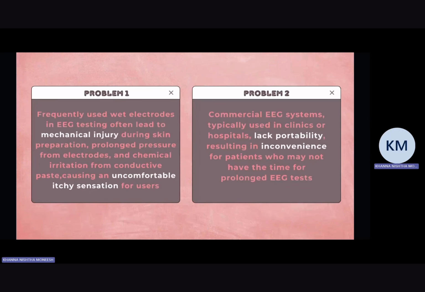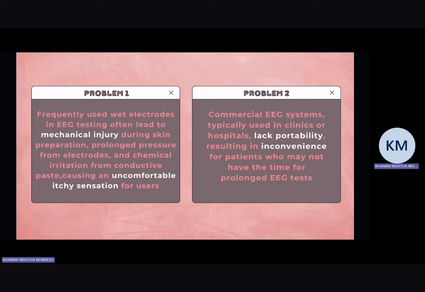When it comes to problems associated with the EEG, firstly, the frequent use of wet electrodes in EEG testing leads to mechanical injury during skin preparation, prolonged pressure from electrodes, and chemical irritation from conductive paste. This discomfort can manifest as an uncomfortable and itchy sensation for users, impacting the overall testing experience.